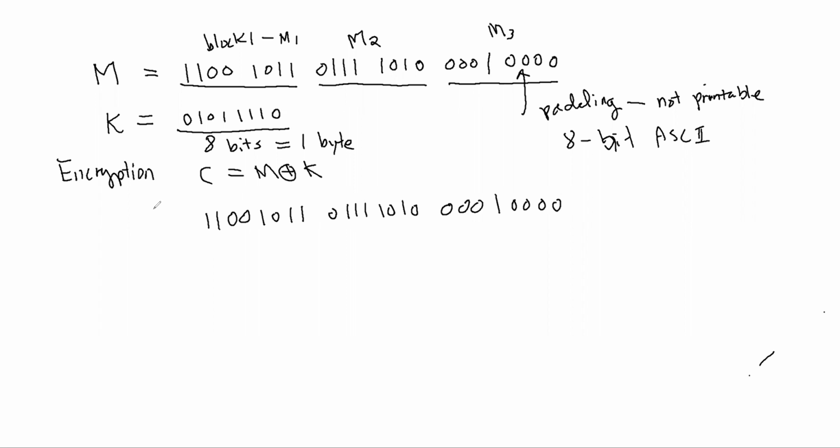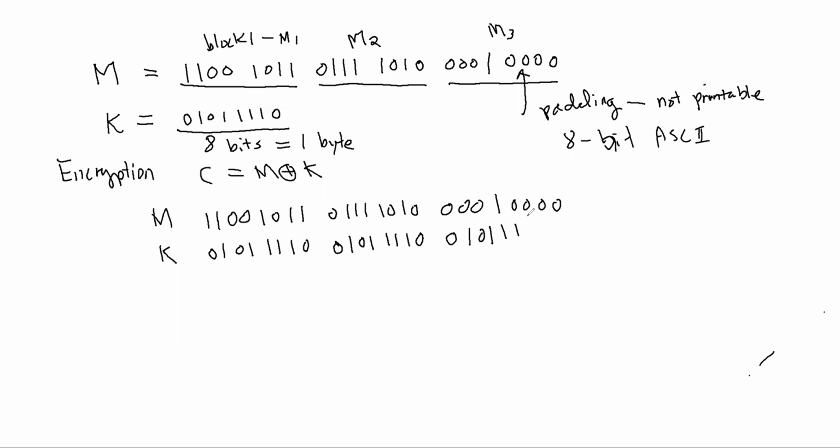So this is M. Okay, so 0, 1, 0, 1, 1, 1, 1, 0 repeats here. 0, 1, 0, 1, 1, 1, 1, 0. Repeat this here.